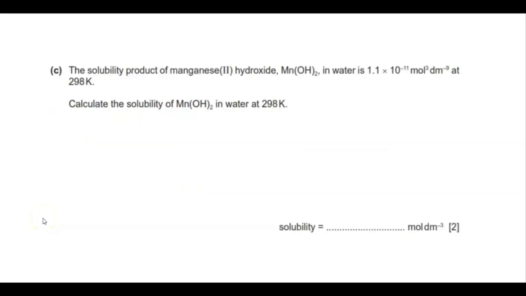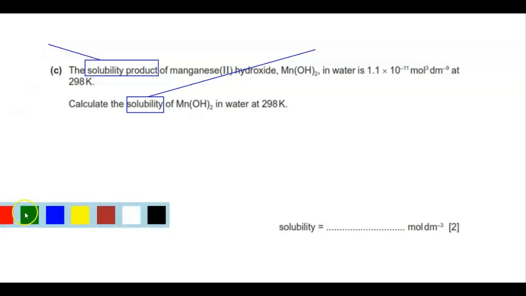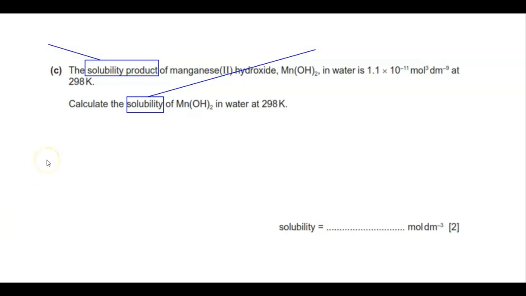Okay, this is the third and last part of the question. Before solving this question, I would like to differentiate between two terms: solubility product and solubility. Solubility is a totally different term from solubility product, and students often mix them together, and I want you to learn it clearly.